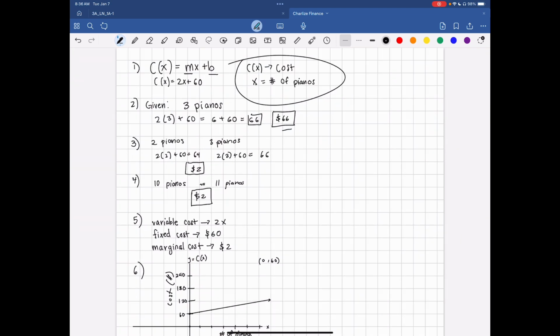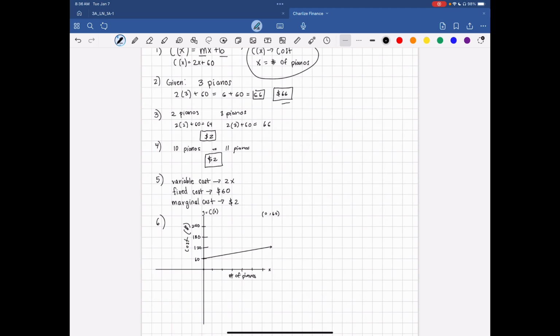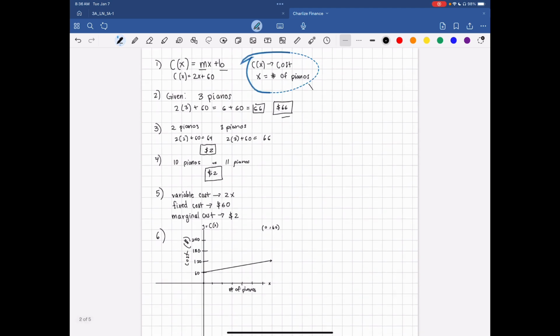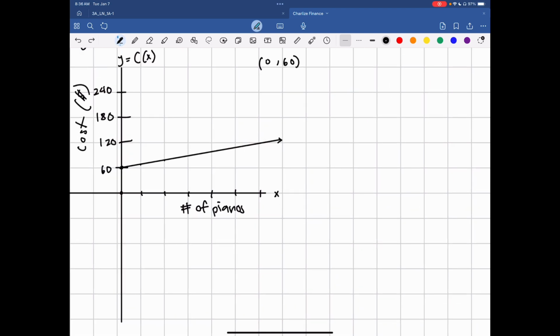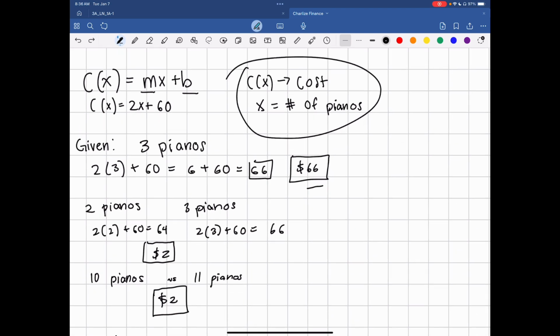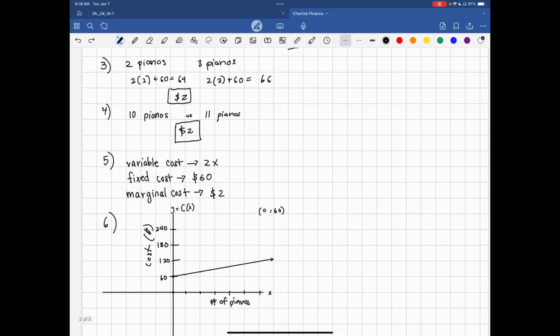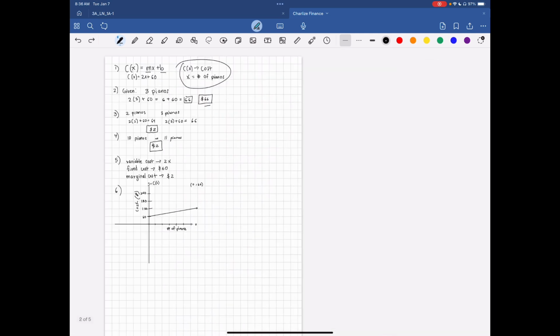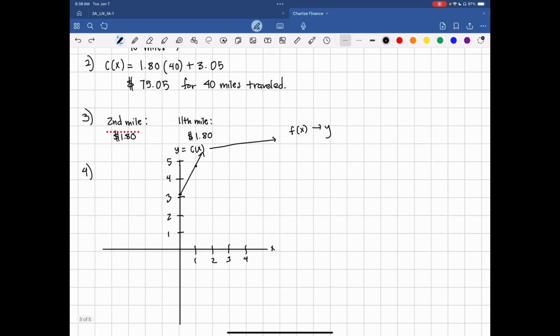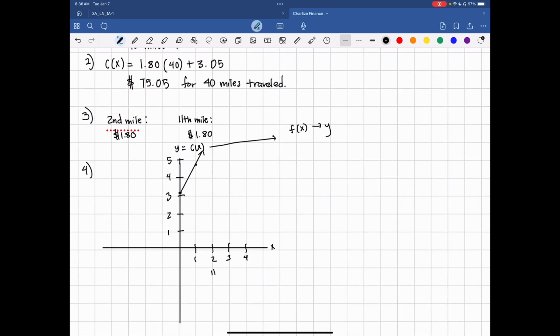I think a lot of the times, if they're looking for some kind of labeling, it would be clearer to them if you label the axes, but I think you can also get by with just writing C of x is equal to this, because you're labeling this once again as C of x and x. Same thing here, but I'll label the y and x axis as well. Cost in dollars. Okay.